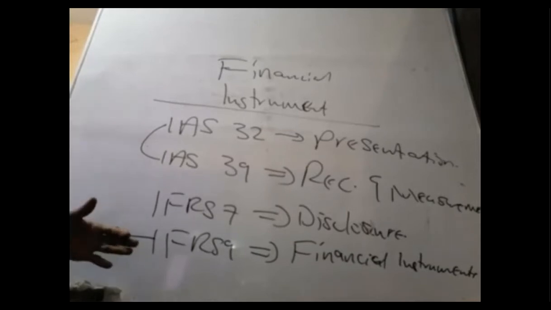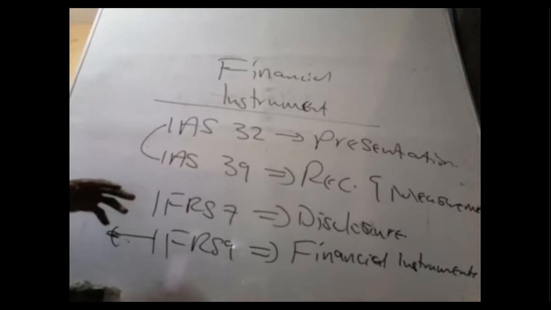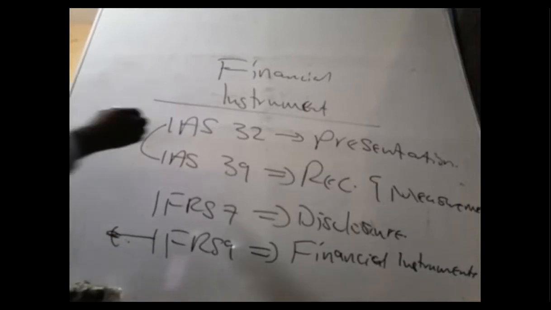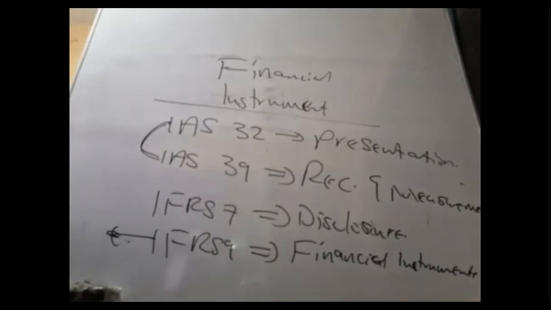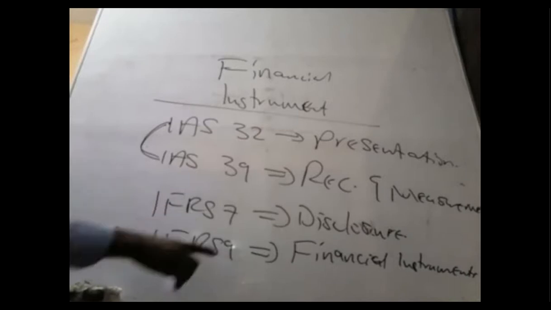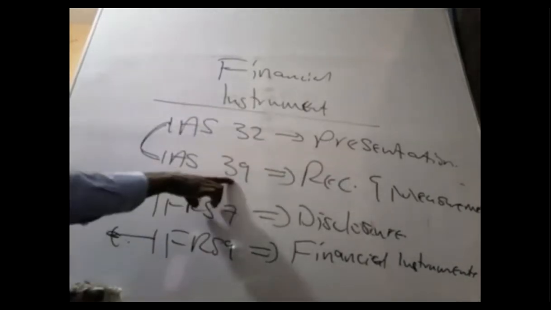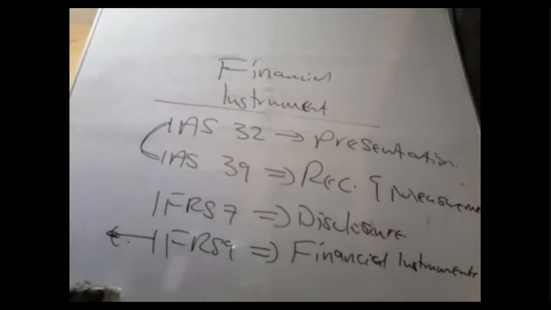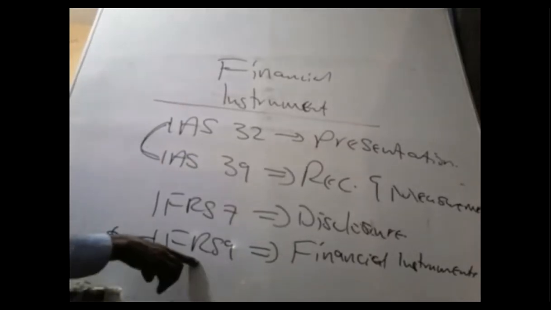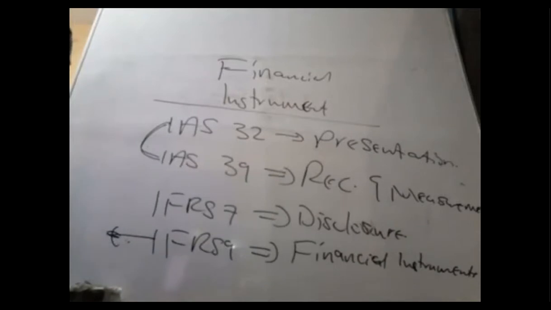So as soon as it is fully published, it means that 32 and 39 need to be cancelled, leaving only IFRS 9 and 7. 32 talks about just the presentation, 39 talks about recognition and measurement, and 9 combines these two together.